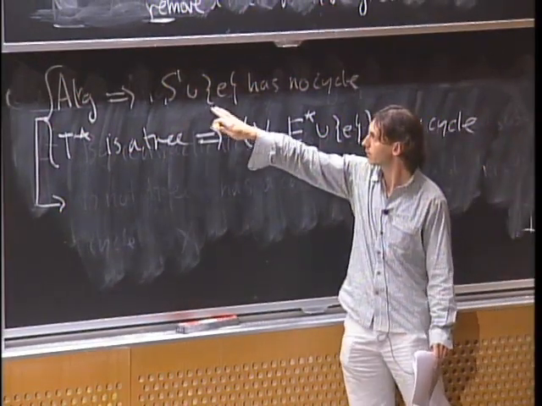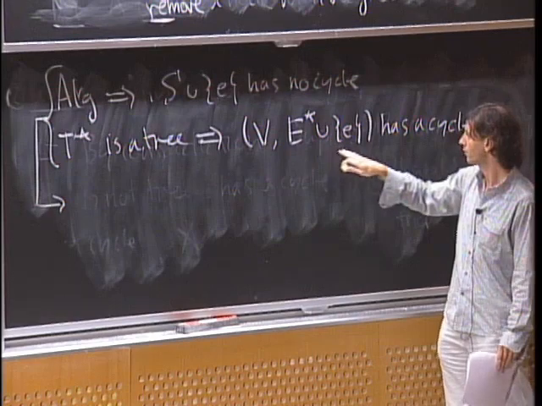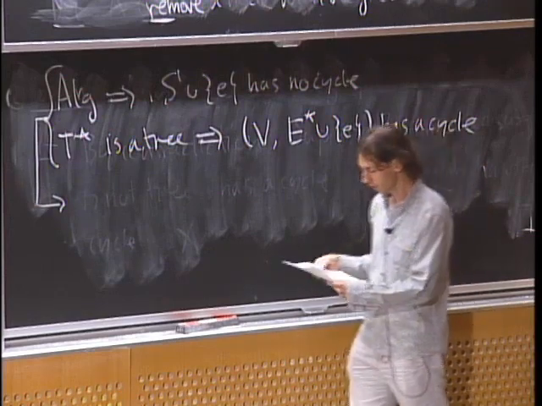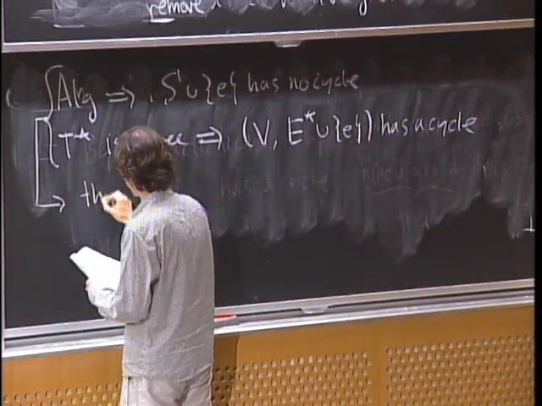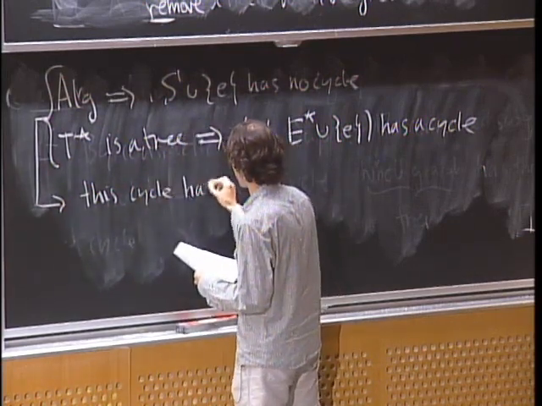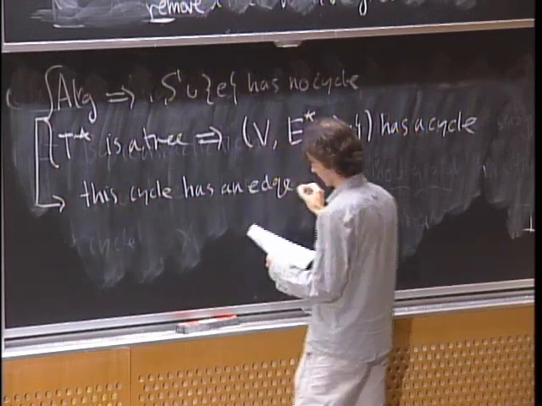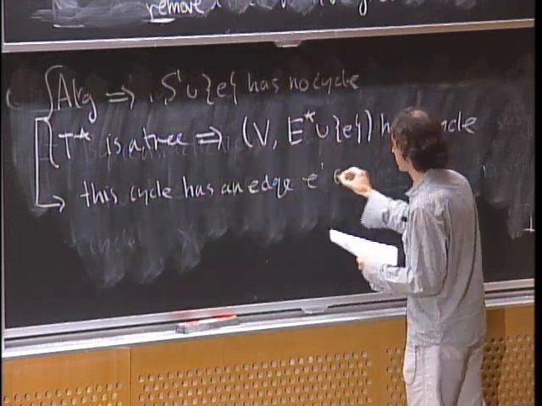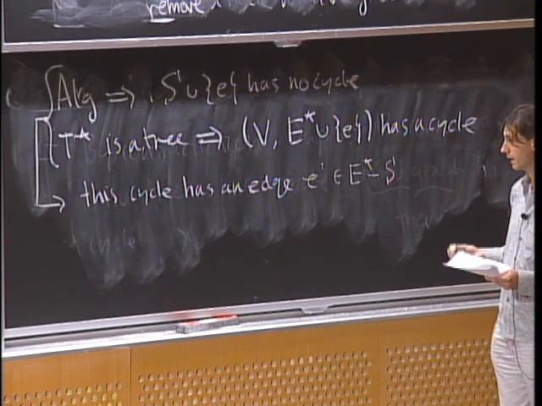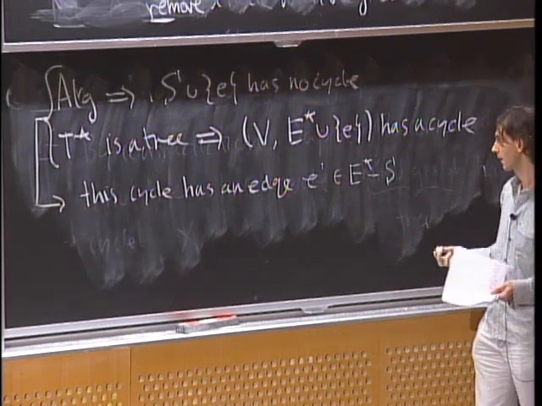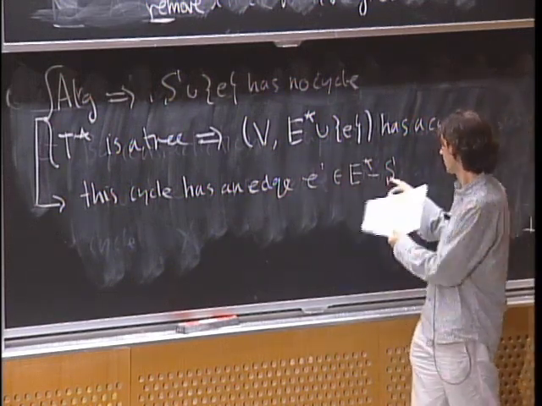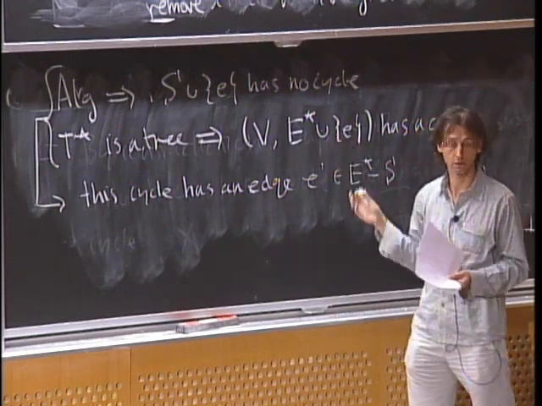So now we can combine these two statements together and conclude that, well, if S with E has no cycle, but E star with E has a cycle, and S is contained in E star, there's only one possibility, and that is that this cycle must have an edge E prime that is in E star minus S. Because if it would not have such an edge, then all the edges of the cycle must be located in S together with E, but S together with E has no cycle, so that's not possible.